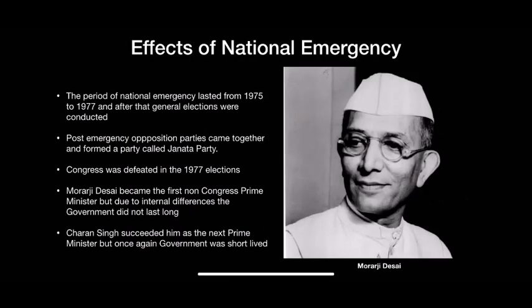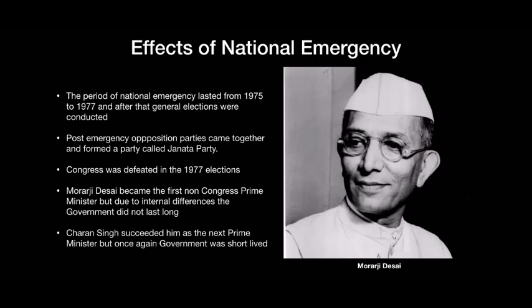Now let's see what were the effects of the national emergency. The period of national emergency lasted from 1975 to 1977, and after the emergency was revoked, general elections were conducted. Post-emergency, opposition parties came together and formed a party called the Janata Party.